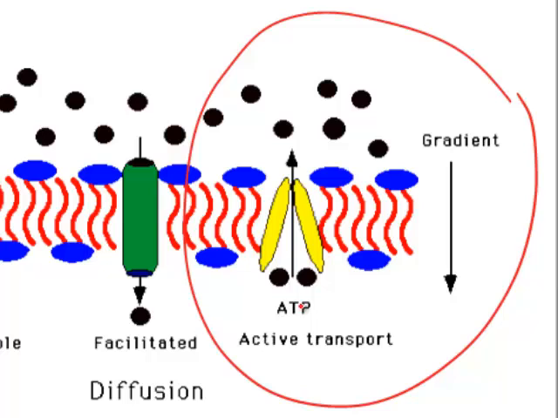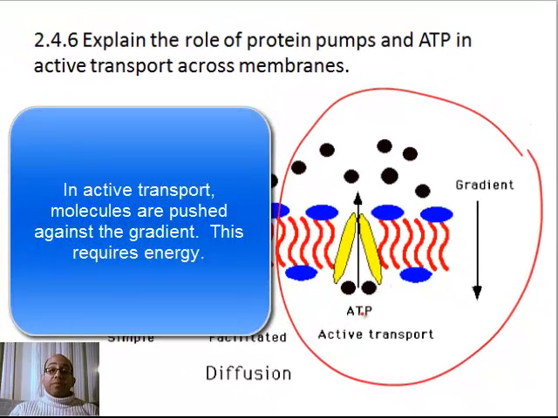It's kind of like thinking about it as pushing the ball up the hill. The ball will roll down the hill by itself, but to make it go up the hill, you have to put energy in. And that's what the ATP is doing right here. It's pushing the concentration against the gradient.